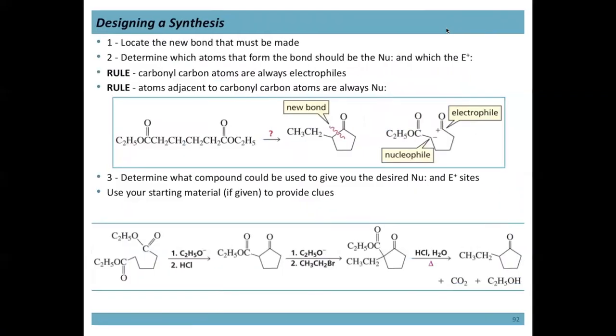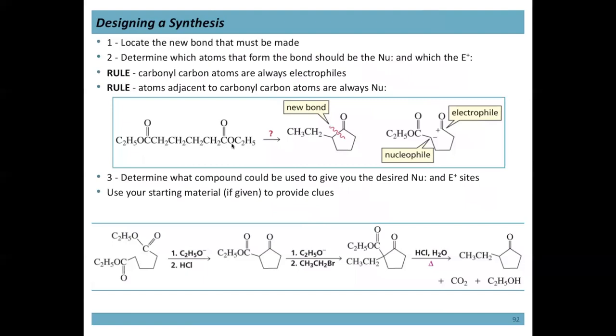Okay. So we've got another synthesis to design. In this question, what we've got is a 5-membered ring, and we've got this alkyl group out here. What we're trying to do is construct it. They've given us a starting material right here.